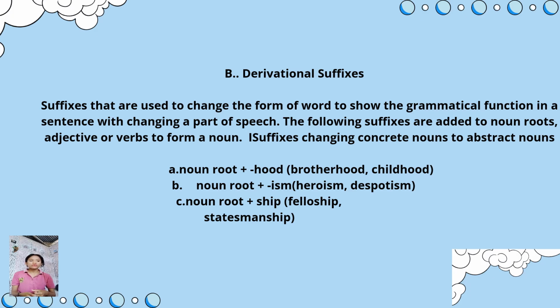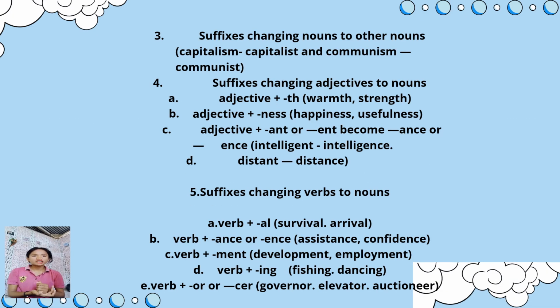The suffix changes a concrete noun to an abstract noun, like noun root and hood become brotherhood or childhood, noun root and ism become heroism and despotism, and noun root and ship become fellowship and stagemanship.